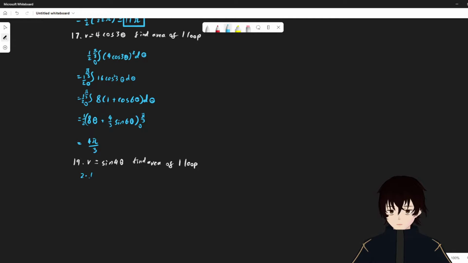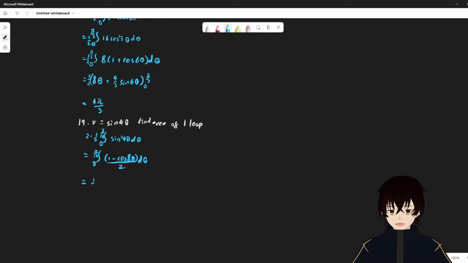Therefore we want 2 times 1/2 times the integral from 0 to pi over 16 of sine squared 4 theta d theta, which is equal to integral from 0 to pi over 16 of 1 minus cosine 8 theta over 2 d theta, which is equal to 1/2 theta plus 1/8 sine theta, right?